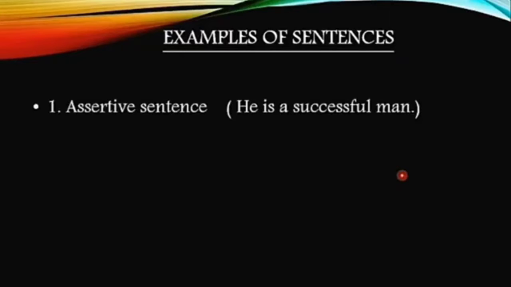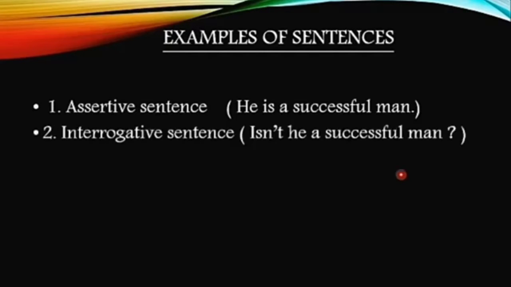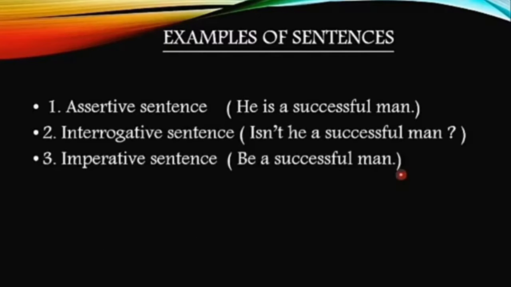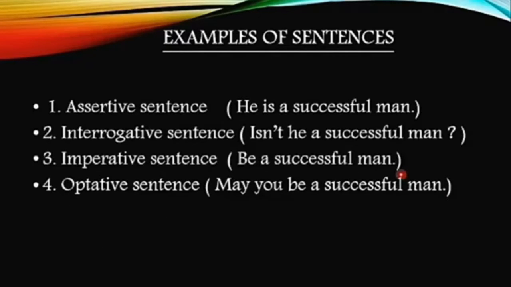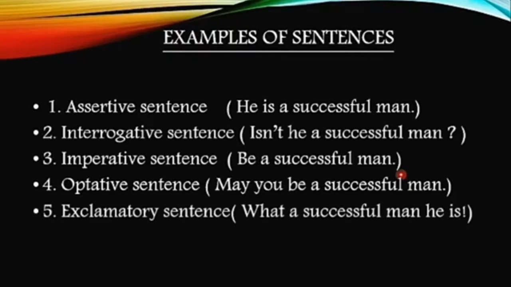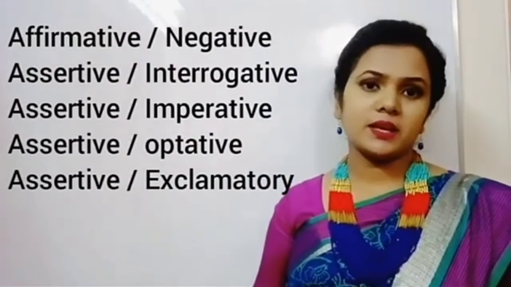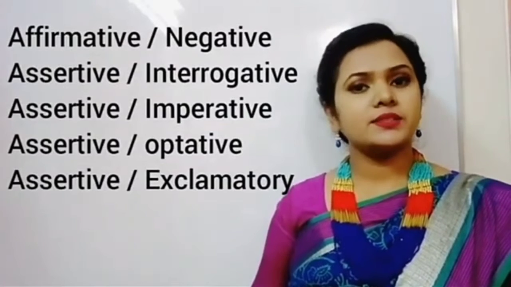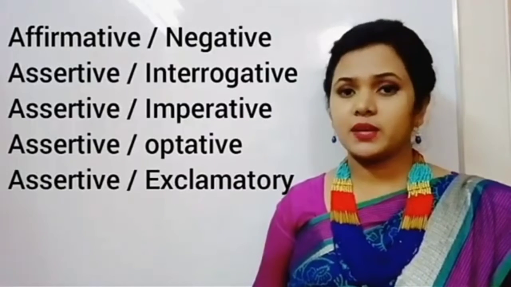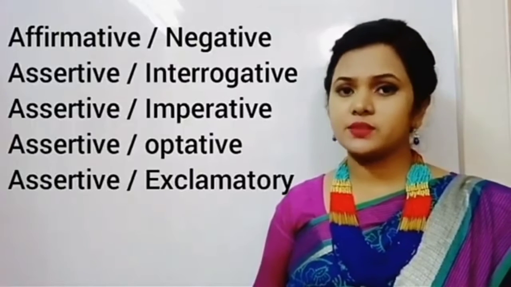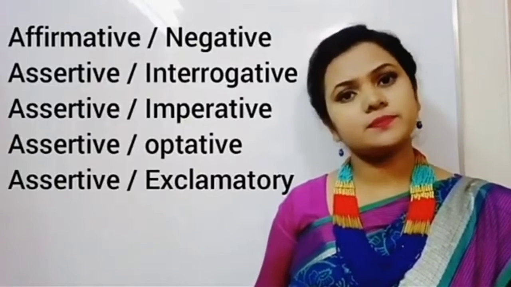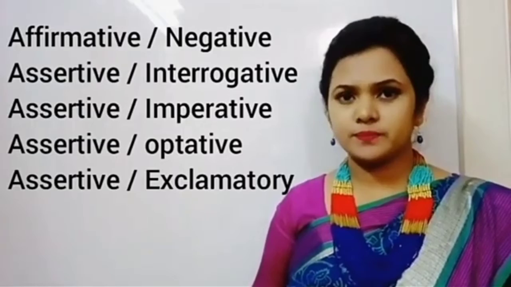The interrogative form of the same sentence is, isn't he a successful man? And the imperative form, be a successful man. Optative form, may you be a successful man. And the exclamatory form is, what a successful man he is. The transformations mainly occur between affirmative and negative, assertive and interrogative, assertive and imperative, assertive and optative, and assertive and exclamatory.